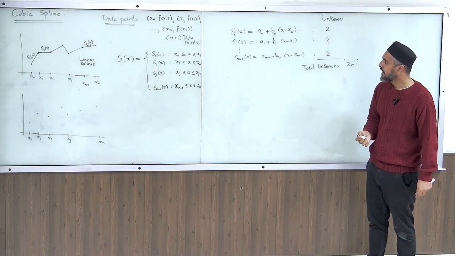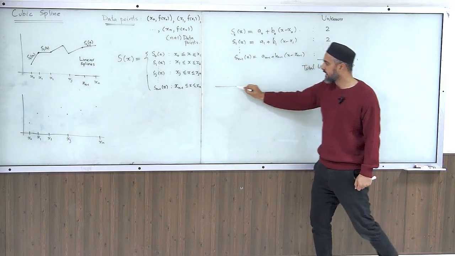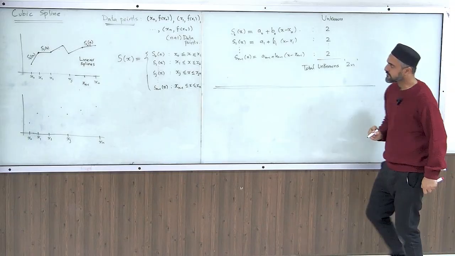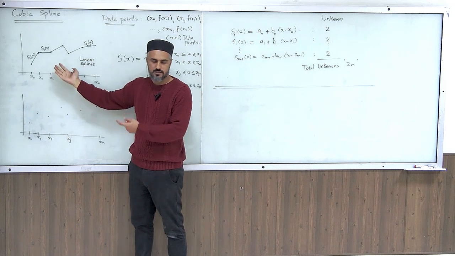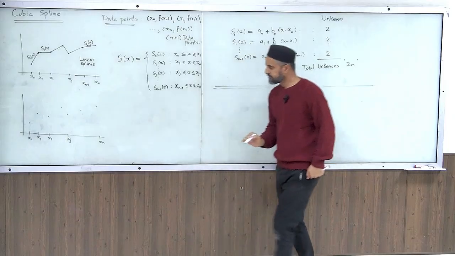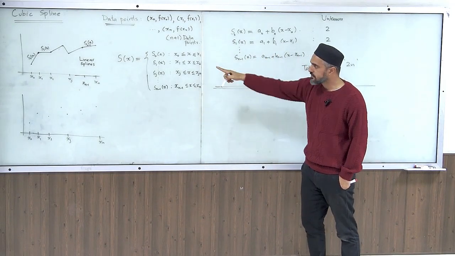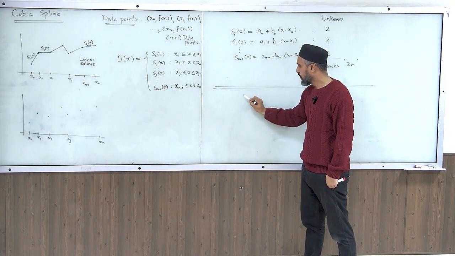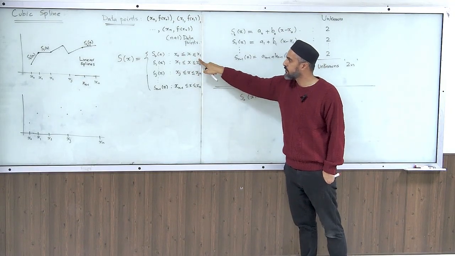Now let's see how many equations we can develop. If you look at that set of data and plug in the linear polynomial, one observation is that s naught of x is applicable from x naught to x1.